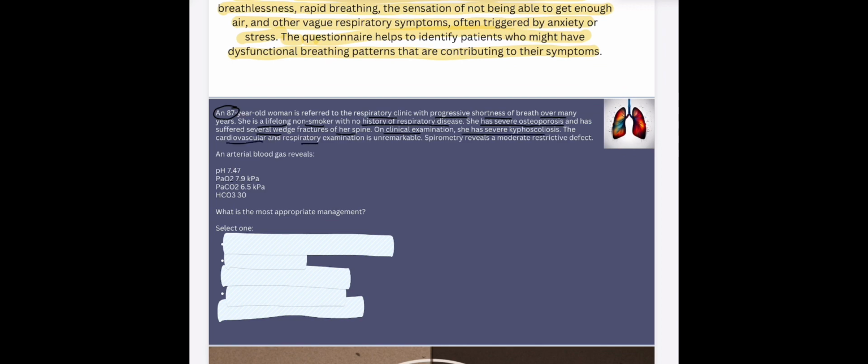The cardiovascular and respiratory examination is unremarkable. Spirometry reveals a moderate restrictive defect. ABGs: pH 7.47, PaO2 7.9, PCO2 6.5, bicarb 30. What is the most appropriate management?